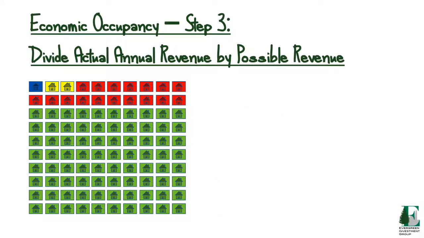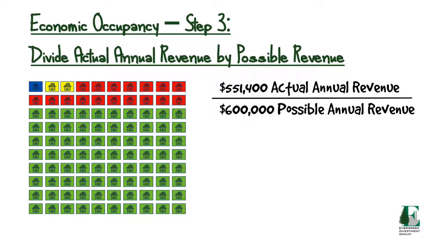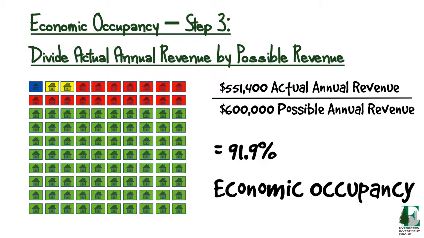So the final step is just dividing the actual revenue by the possible revenue. So $551,400 divided by $600,000 in possible annual revenue gives us an economic occupancy rate of 91.9%. Still pretty good, but it definitely tells a very different story than the 99% physical occupancy that we saw earlier.